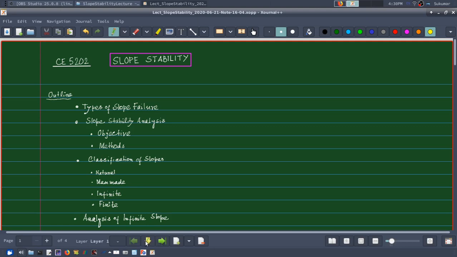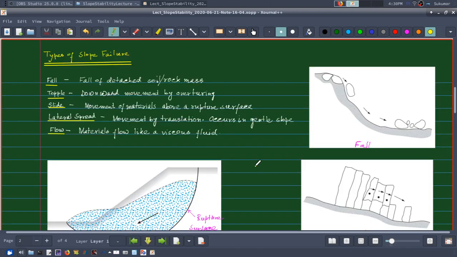so first let us see what are the types of slope failure. There are different classifications by different authors. One such classification scheme is this, which classifies the type of slope failure into fall, topple, slide, lateral spread, and flow kind of failure.